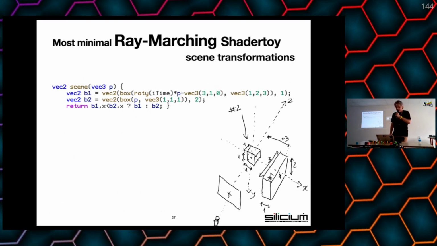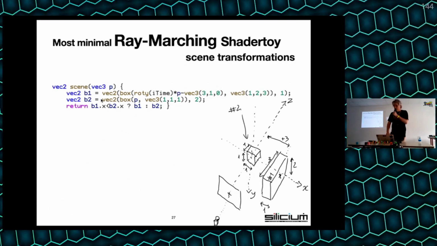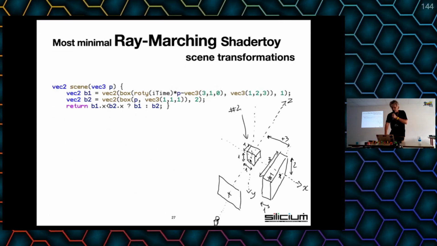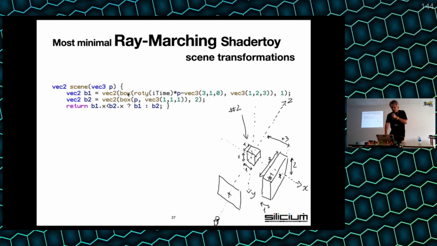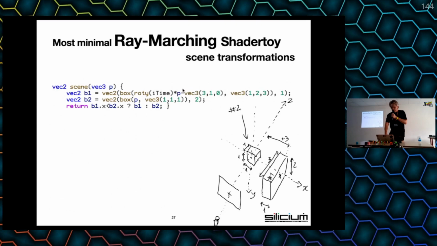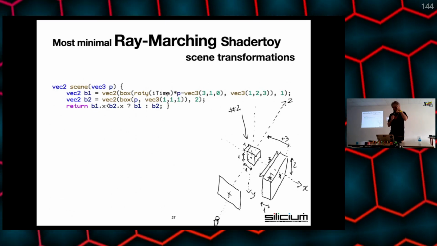So when we want to combine a scene, we can do something like that. So this is a simple case. Again, just a few lines that actually work in the shader. So here it's a combination of 2 boxes that are composed of our box equation from earlier, for which we just put some sizes. And the whole point is just to have it move in space by rotating its position.